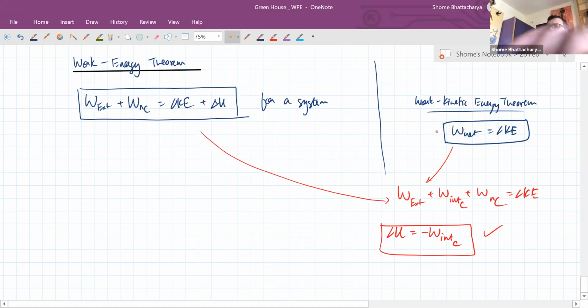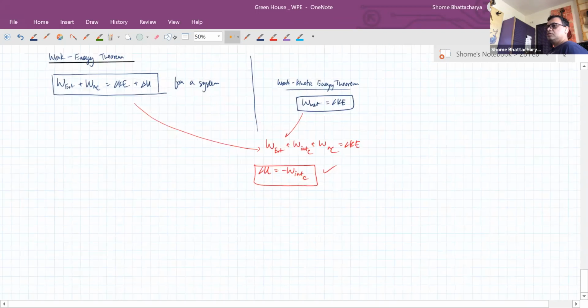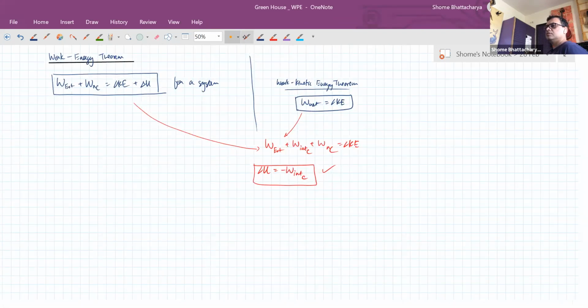Okay, so that is the correlation between the work energy theorem defined for a system with respect to the work kinetic energy theorem that is defined for a single body. So let us see this in application.